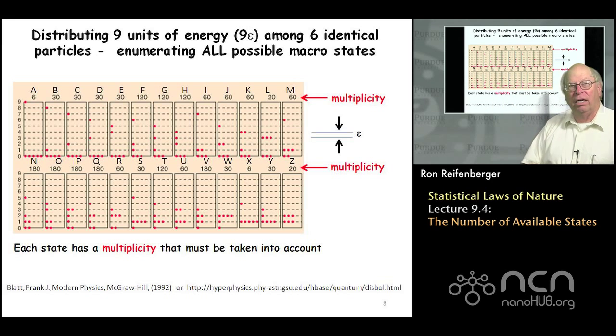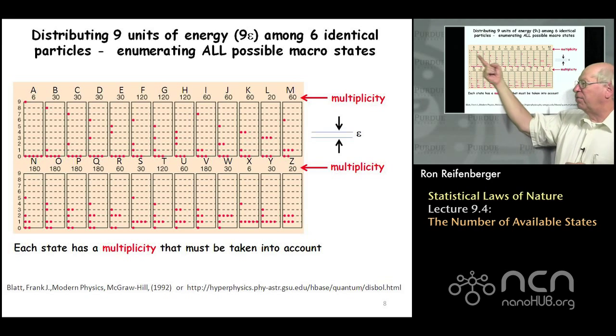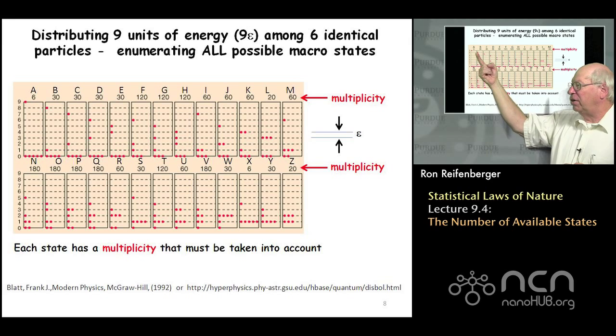The next logical state that's accessible would be if instead of having a particle at 9 epsilon, you have a particle at 8 epsilon, plus another particle in the energy state 1 epsilon. The remaining 4 particles would then be in my 0 energy state. This macrostate we'll label as capital B, and it turns out the multiplicity of that particular state is 30.